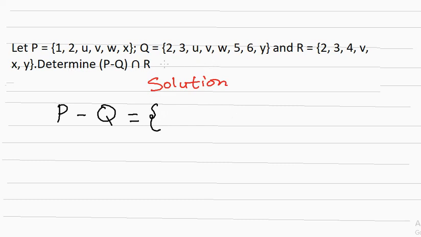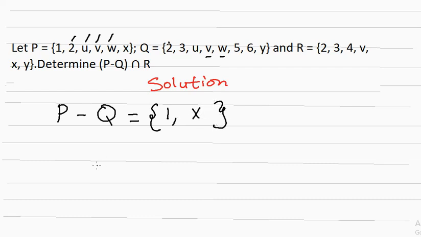Q has 2, so I'm going to take away 2. Q has 3, there's no 3 in P. Q has U, I'm going to take away U. Q has V, I take away V. Q has W, I take away W. And Q doesn't have X. So what I am left with is 1, comma X.